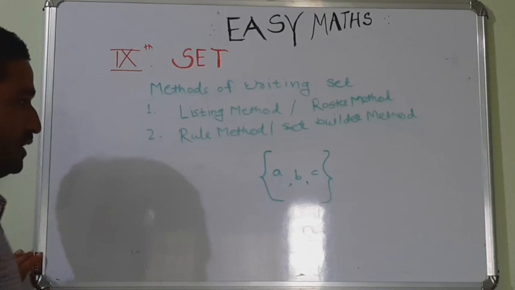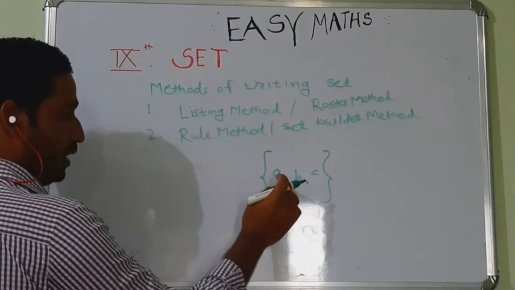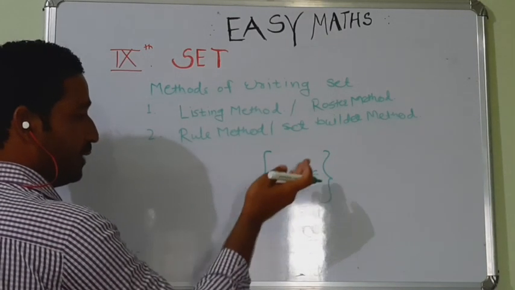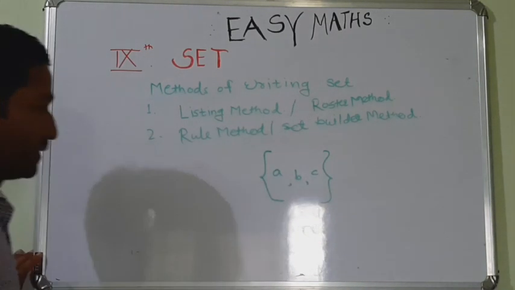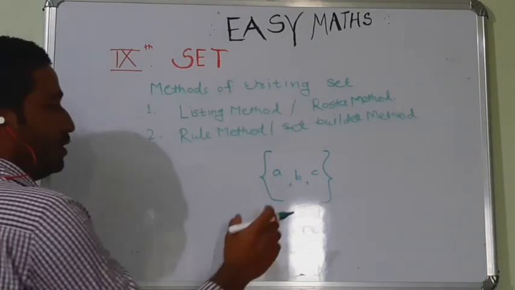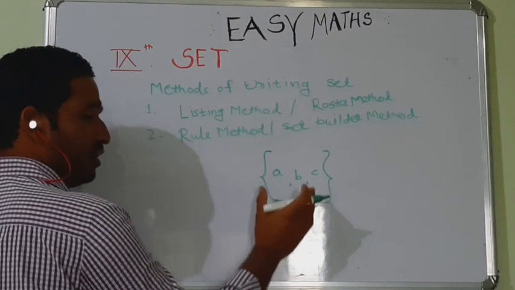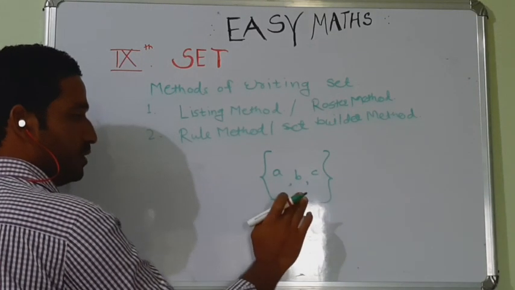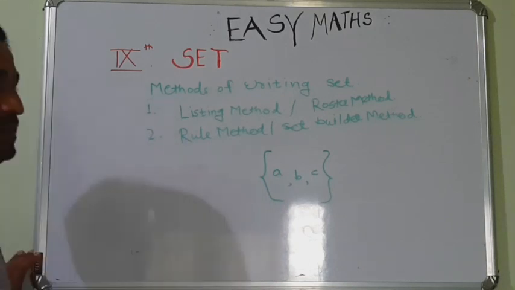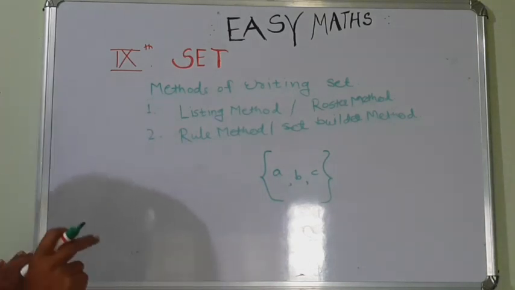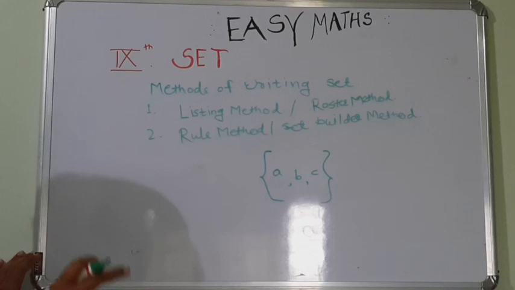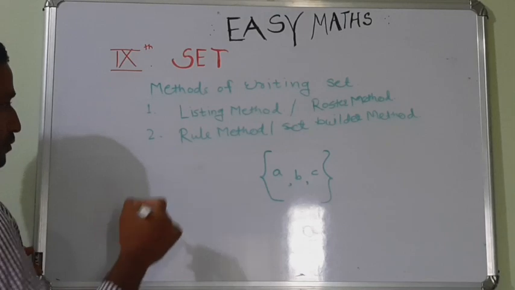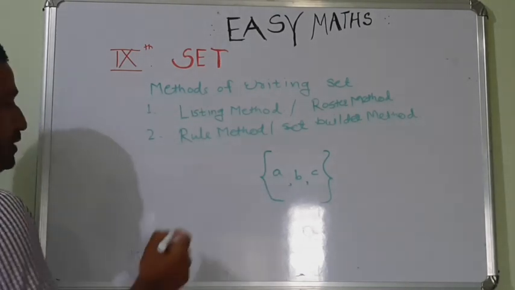Every element in the set is enclosed in curly brackets, and every element is separated by commas. Third step is do not repeat any element in a set. That is, every element in the set can be written only once. Got it? And this is our listing method.